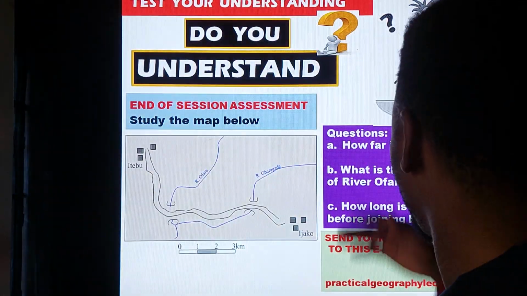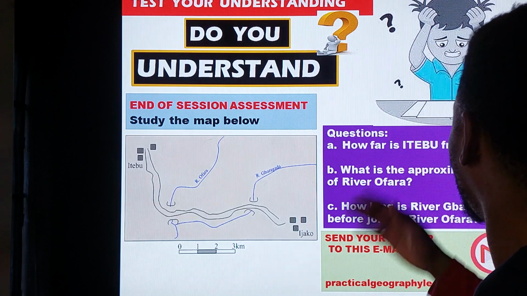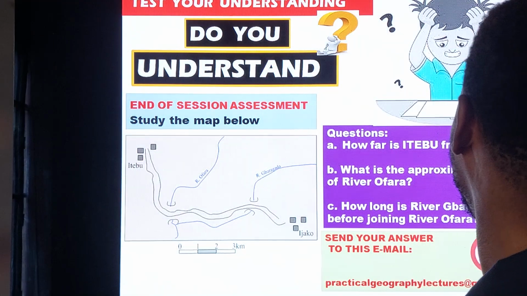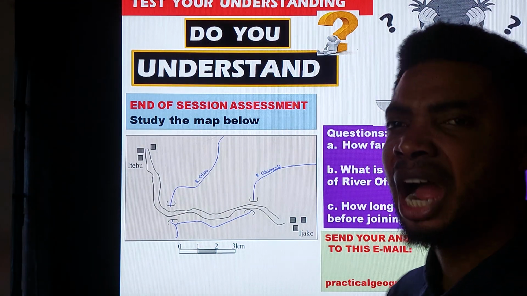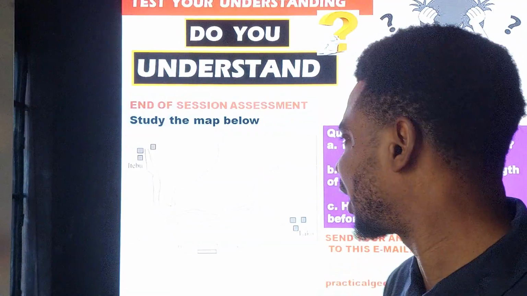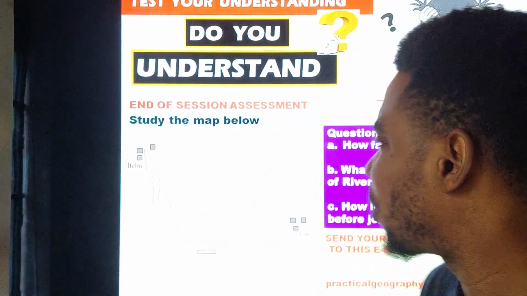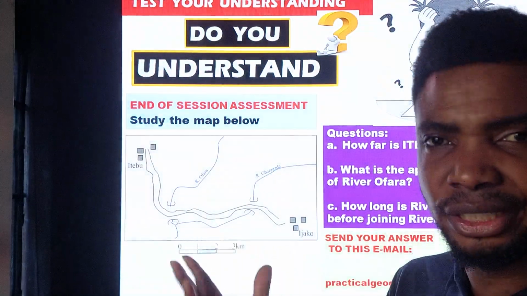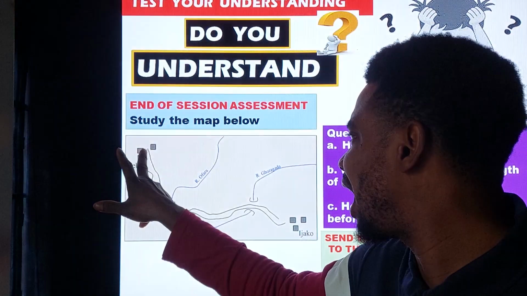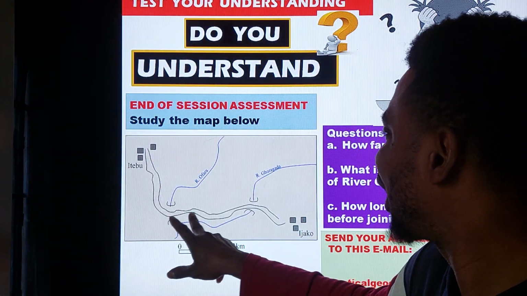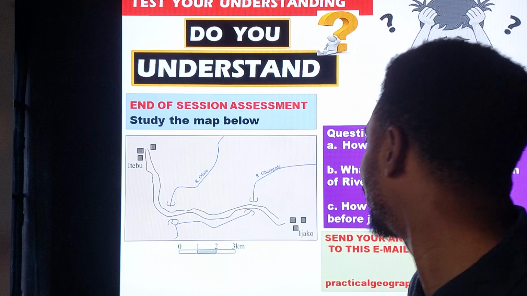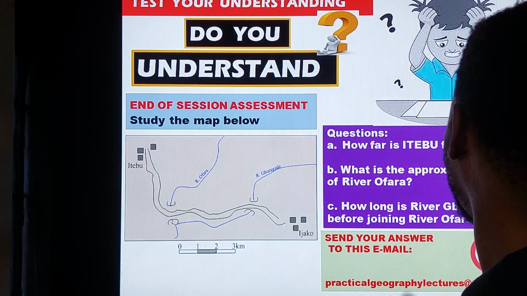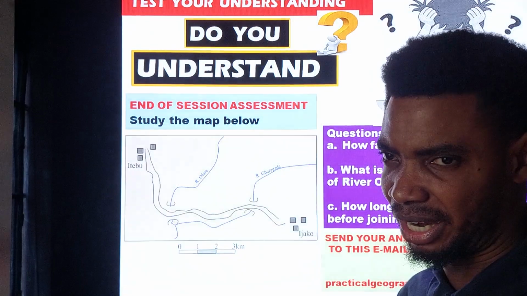Now, you have a question. They are asking you, how far is Itebu from Ijako? What does that mean? It means that you have to find a thread to measure from here and measure with the thread all through to Ijako. The second question says, what is the approximate length of River Ofara?